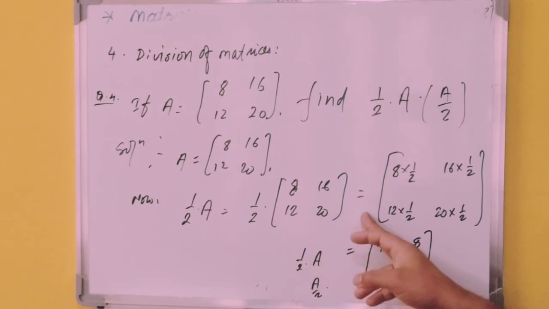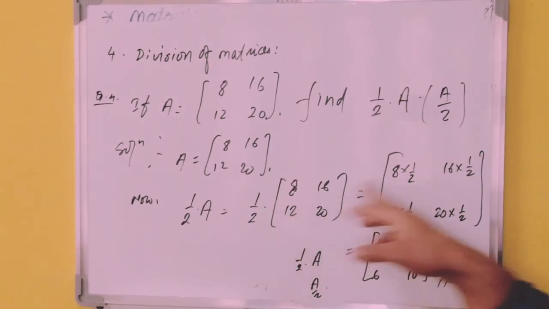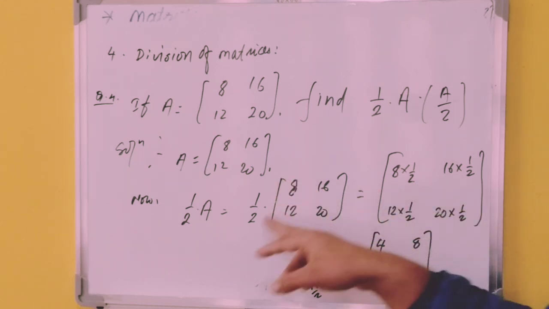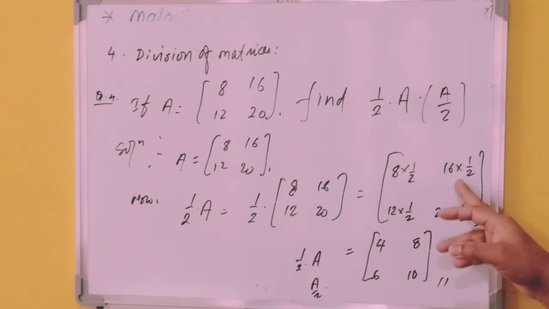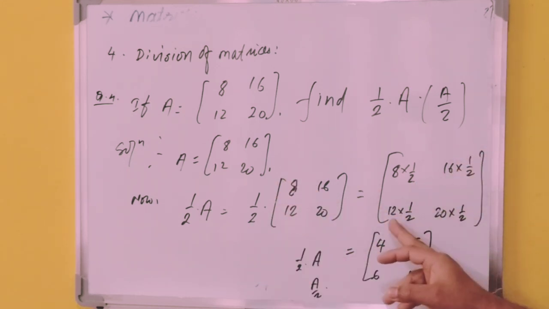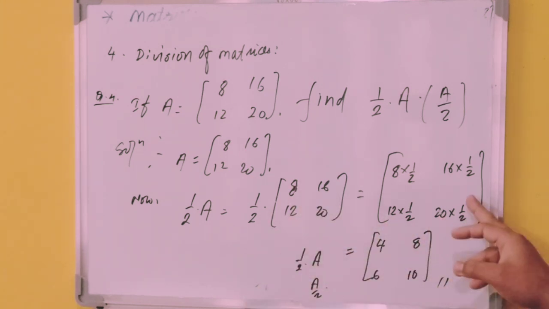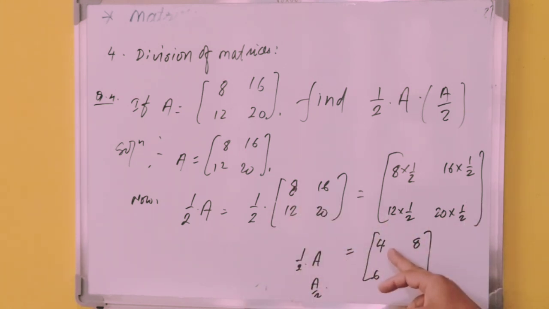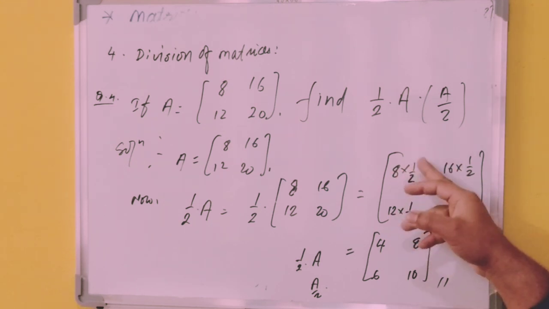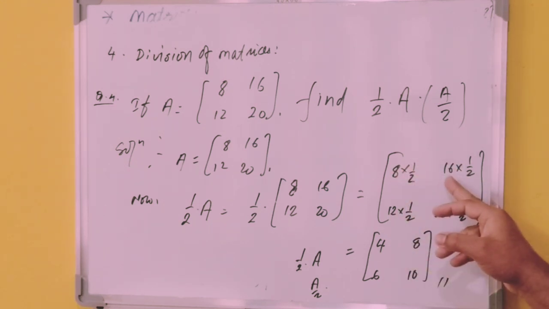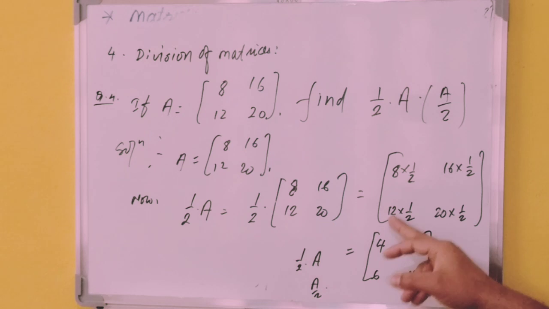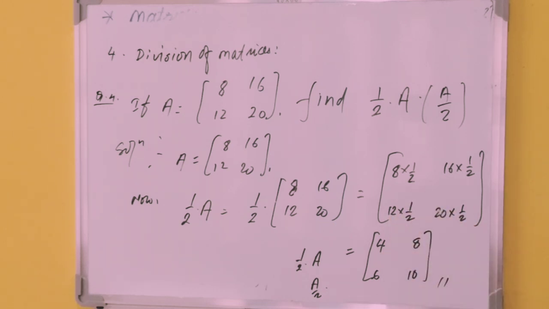Just multiply inside the matrix: 8 into 1 by 2, 16 into 1 by 2, 12 into 1 by 2, 20 into 1 by 2, which is equal to 4, 8, 6, and 10, and this is our final answer.